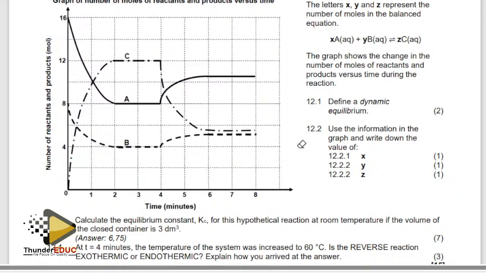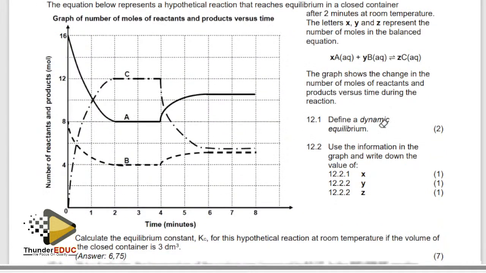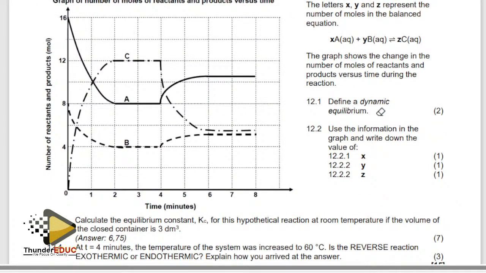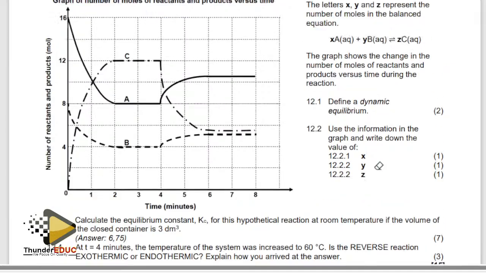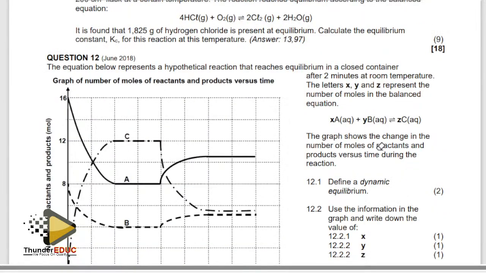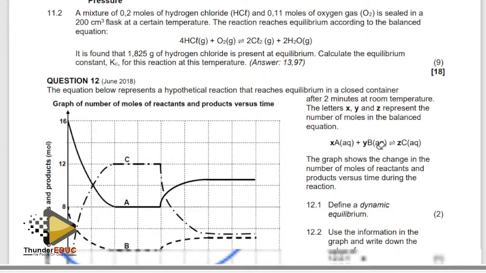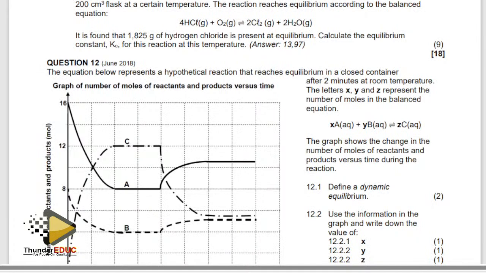Now, if the question comes like this, what is dynamic chemical equilibrium? Okay, dynamic equilibrium. Use the information, the graph, write down X, Y, and Z. So you have to read here. The equation below represents the hypothetical reaction of equilibrium.